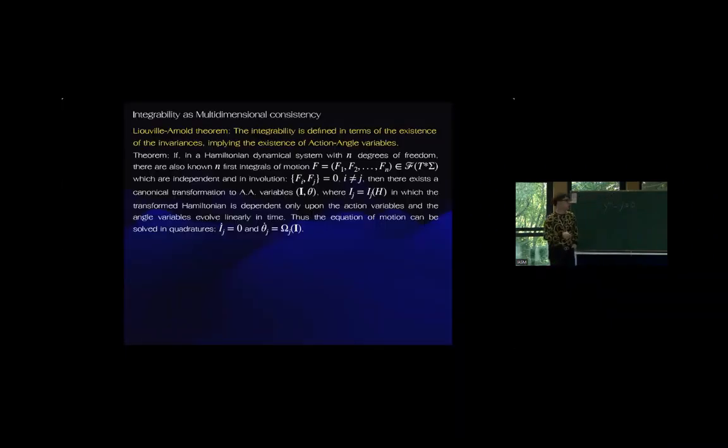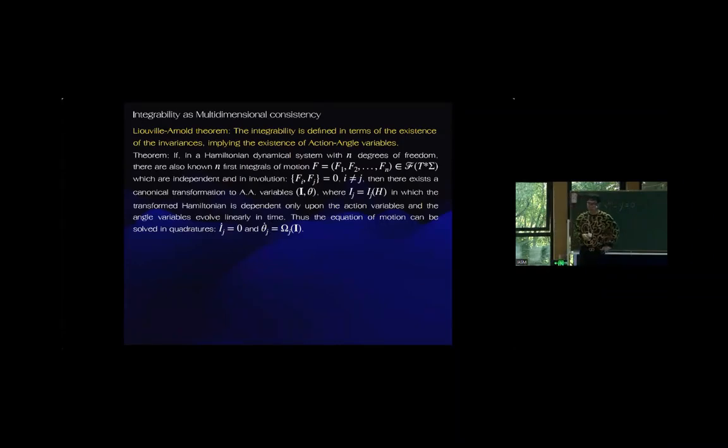This fancy D means that you have to take in all possible paths that start from this point to that point. That's it. We have to keep in mind that we can explain the propagator in this way only in the case of the quadratic Hamiltonian. Next, I'm going to talk about the standard notion of integrability.